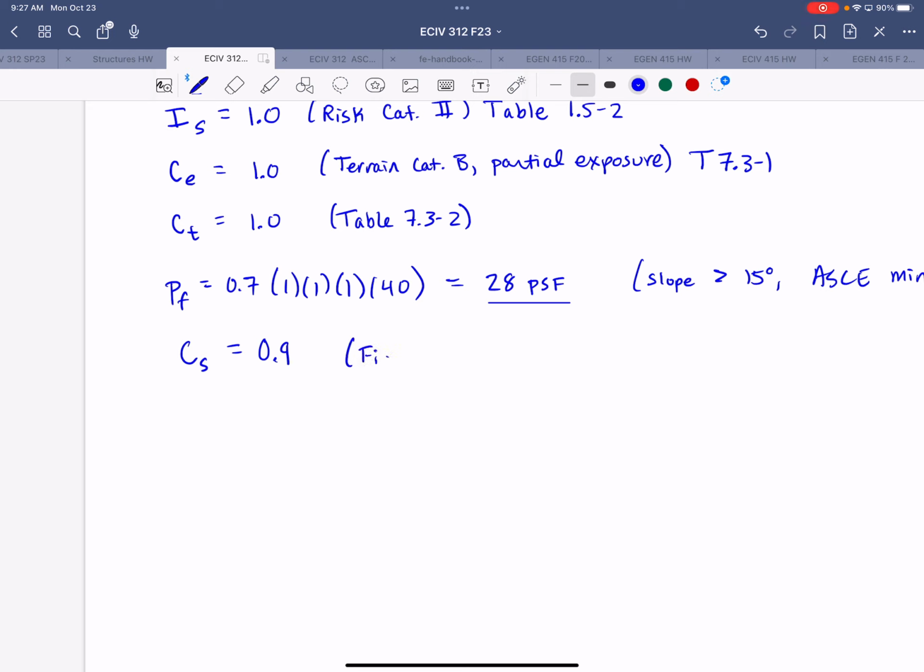That's from figure 7.4-1. So the sloped roof snow load, which is going to be the design roof snow load, will be 0.9 times PF, which was 28. So that's 25.2 PSF.